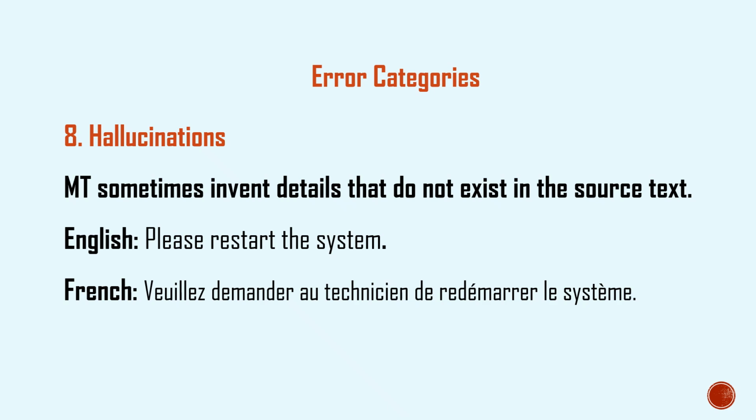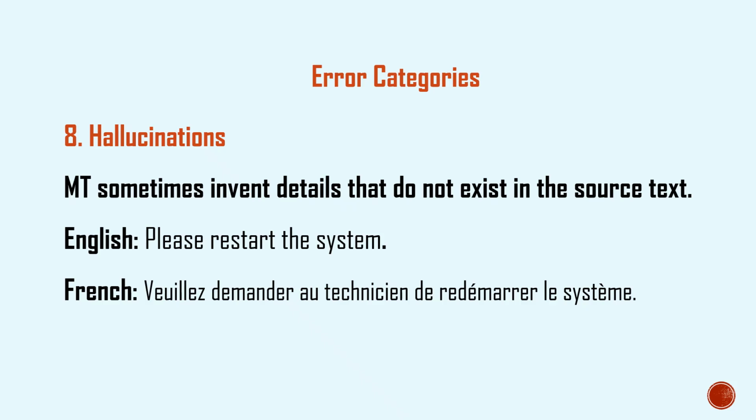In the example, please restart the system, the machine translation system rendered it into French as follows: Veuillez demander au technicien de redémarrer le système. So it is clear from this example that the machine translation system invented a technician who does not exist in the original sentence.